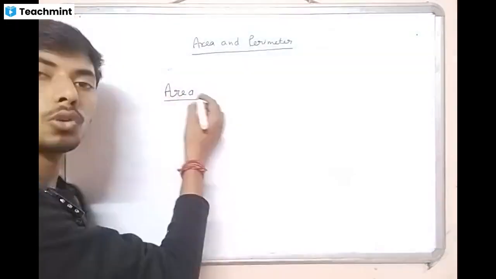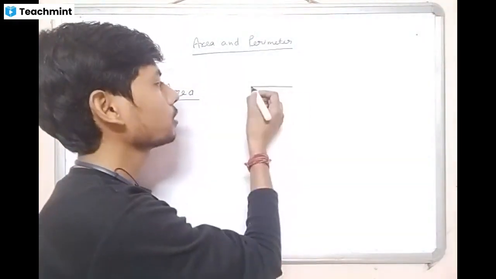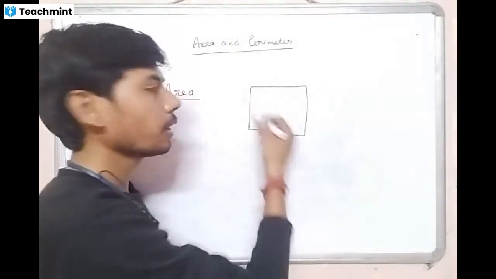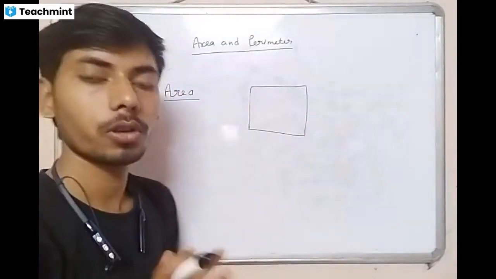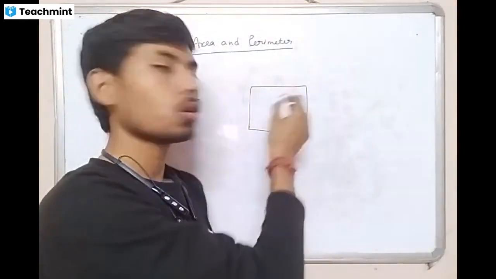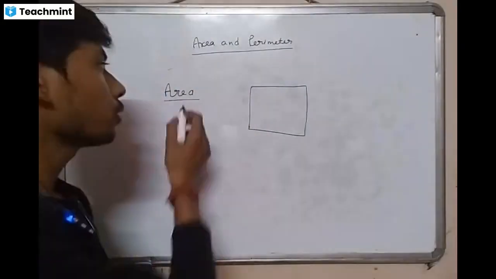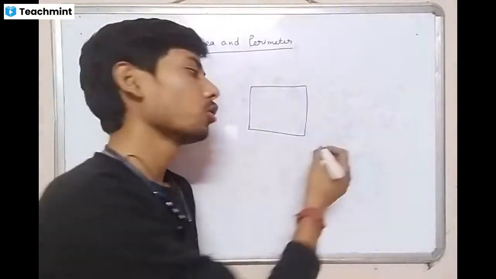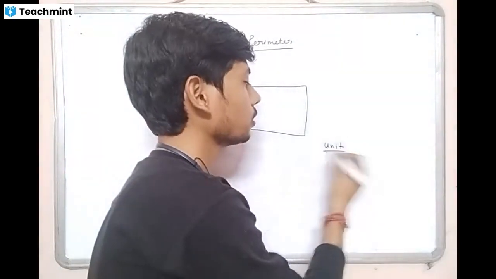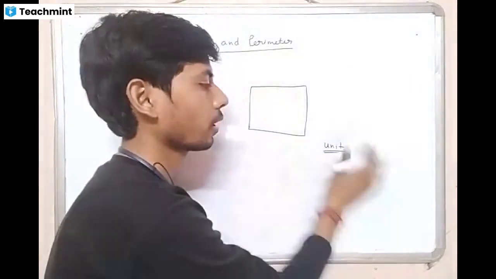If this is your boundary, the space enclosed by this boundary is your area. So the total space enclosed by the boundary is known as the area. Whenever you find the area, your unit is always square. That is unit square.